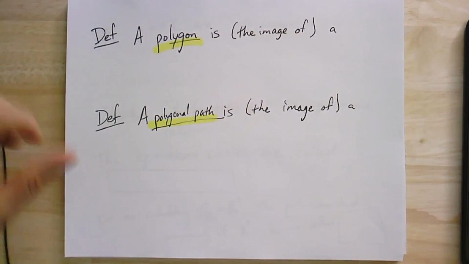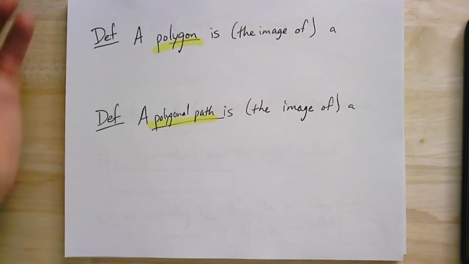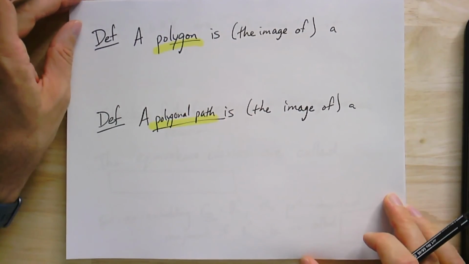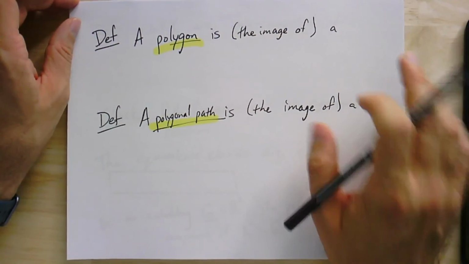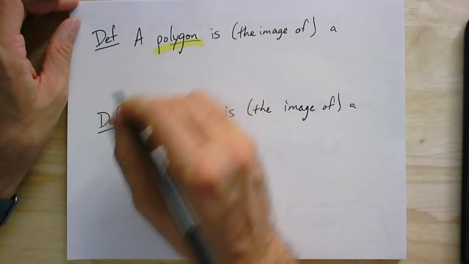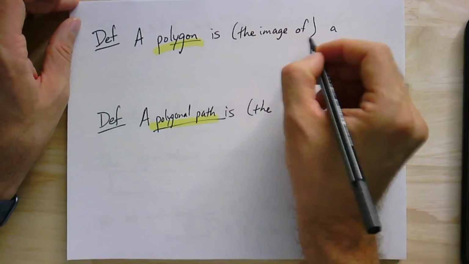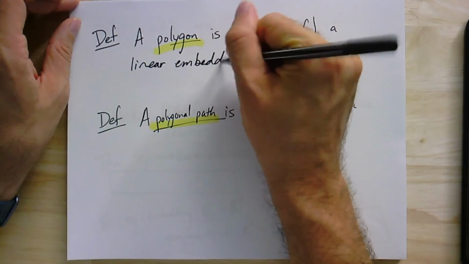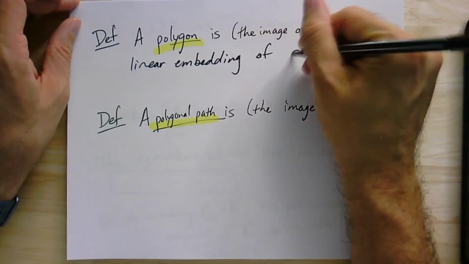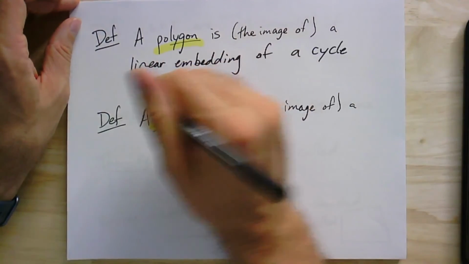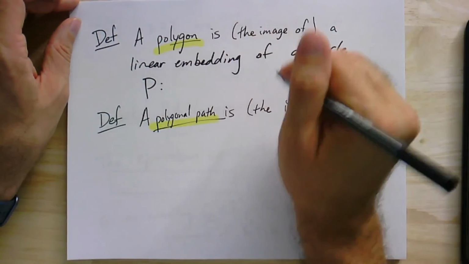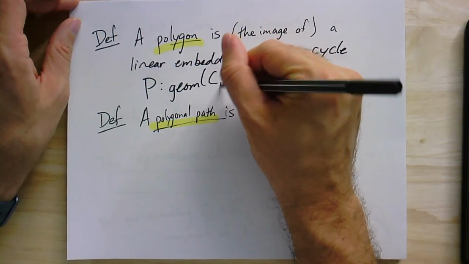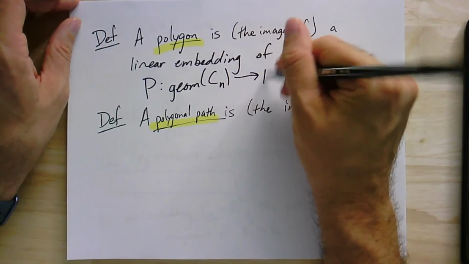All right. So once we have this notion of a linear embedding, we can define two things which look purely geometric, and they really are geometric ideas, but we can think of them now in terms of graphs, and that will be useful to us. So a polygon is the image of a linear embedding of a cycle. Now, a cycle is a cycle graph, so if P is my linear map, it's mapping from a cycle, let's say on n vertices, into the plane.